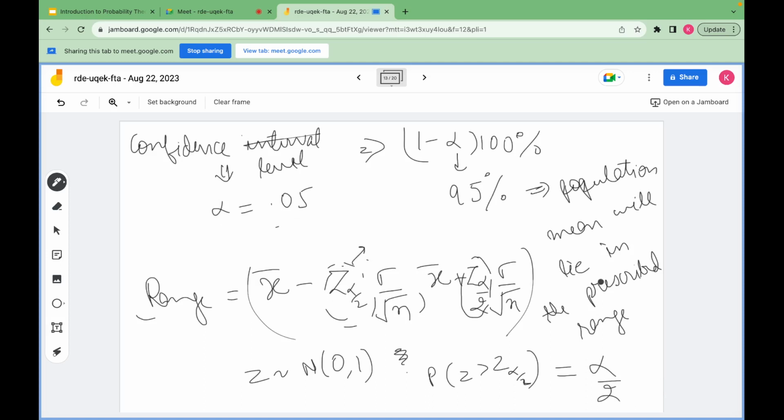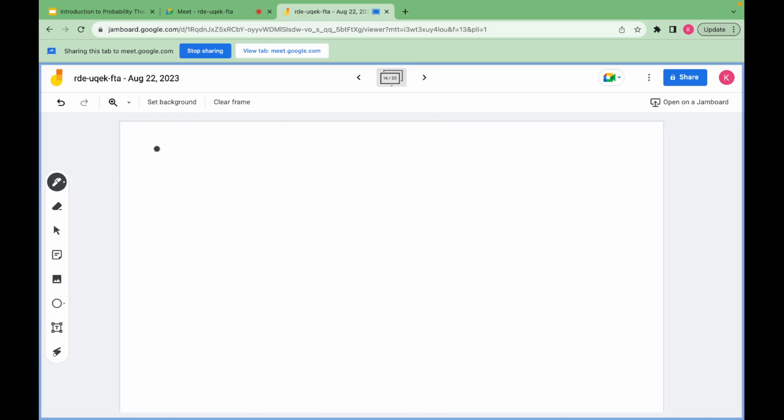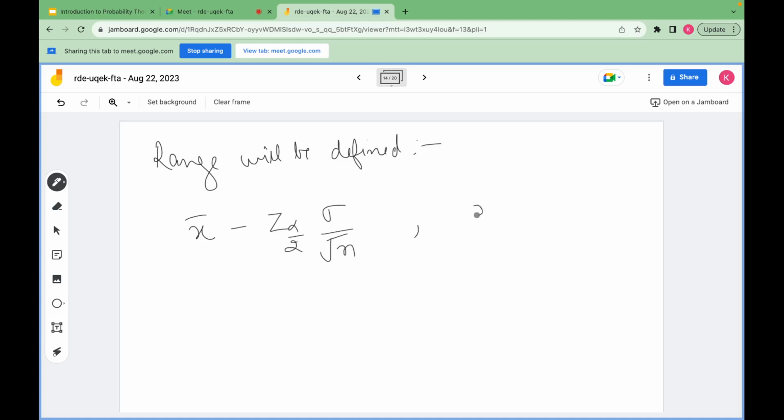So these are the formulas. What is the formula? The range will be defined as x bar minus z alpha by 2 sigma upon root n to x bar plus z alpha by 2 sigma by root n.